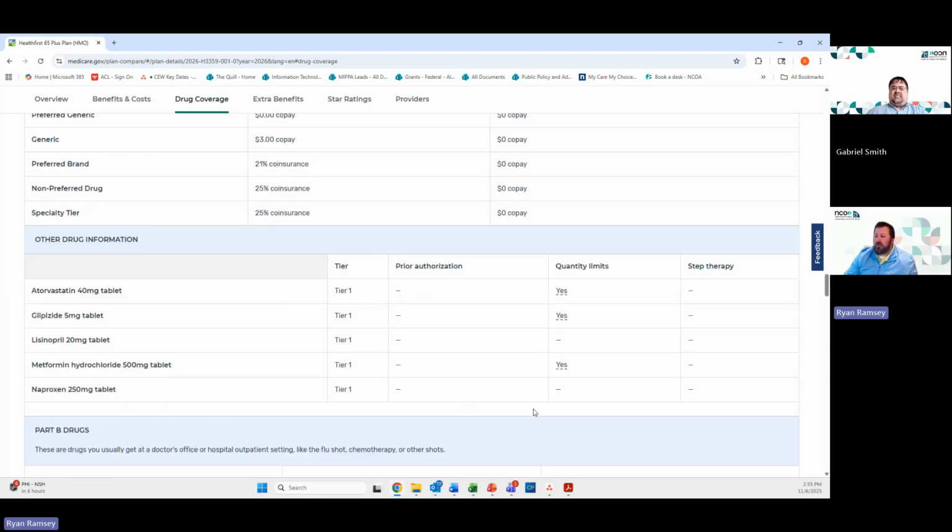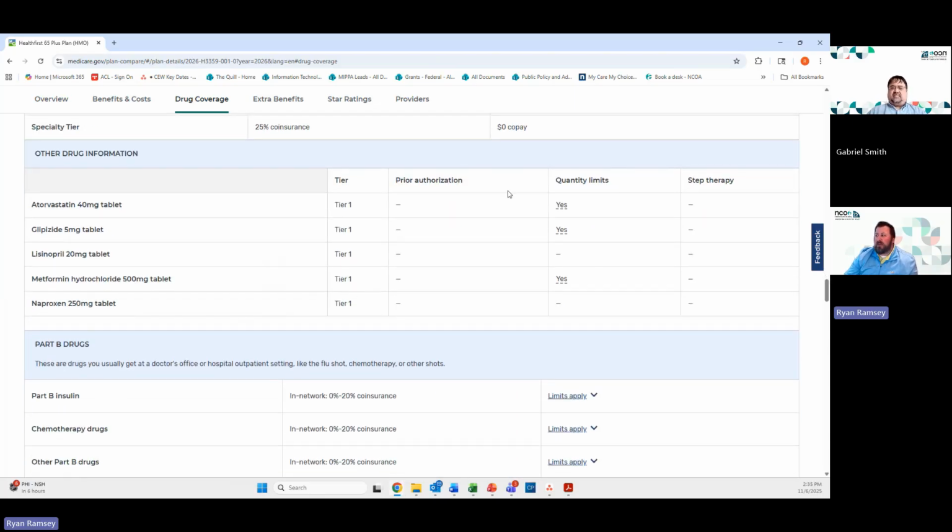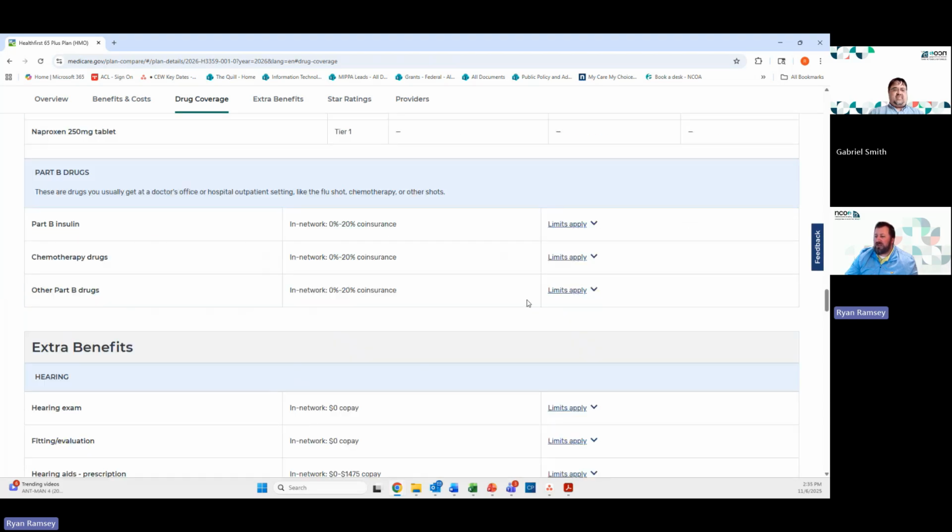But it's just good to know, for example, if I needed to get more of my atorvastatin than a 30-day supply, that I would need to get doctor's approval and put that through my plan before I could necessarily get those drugs as well.